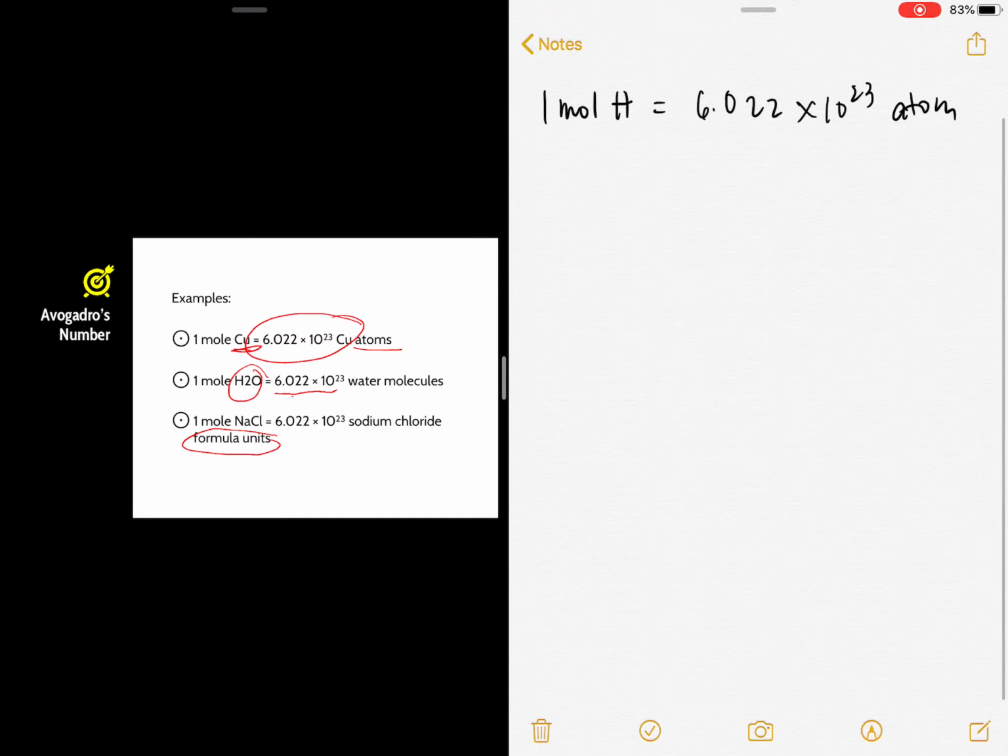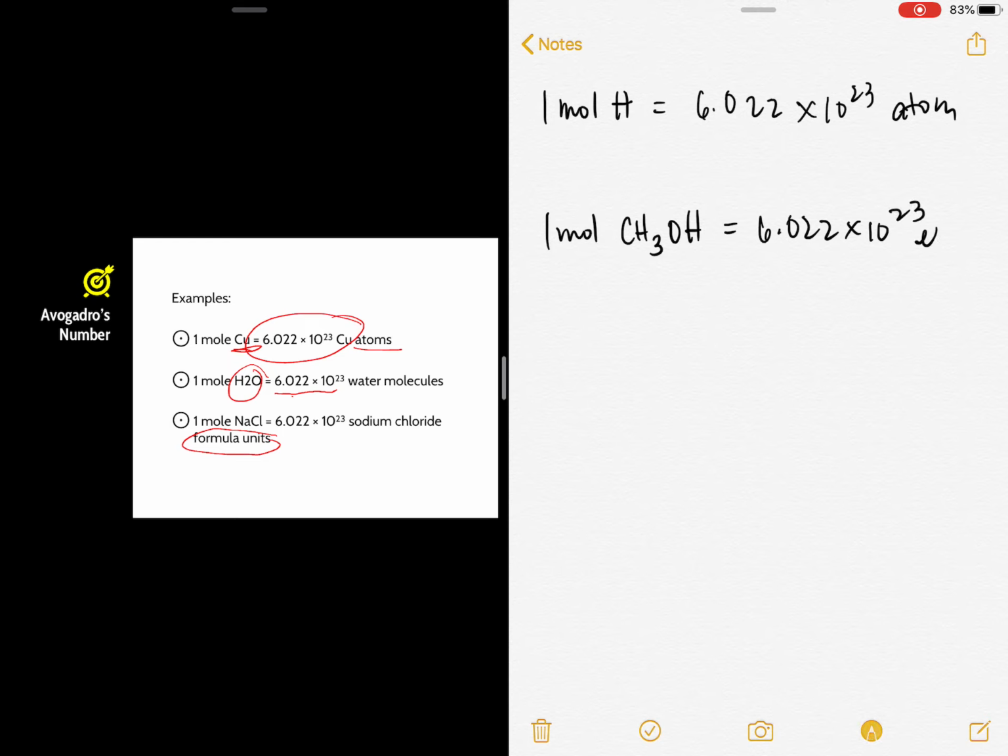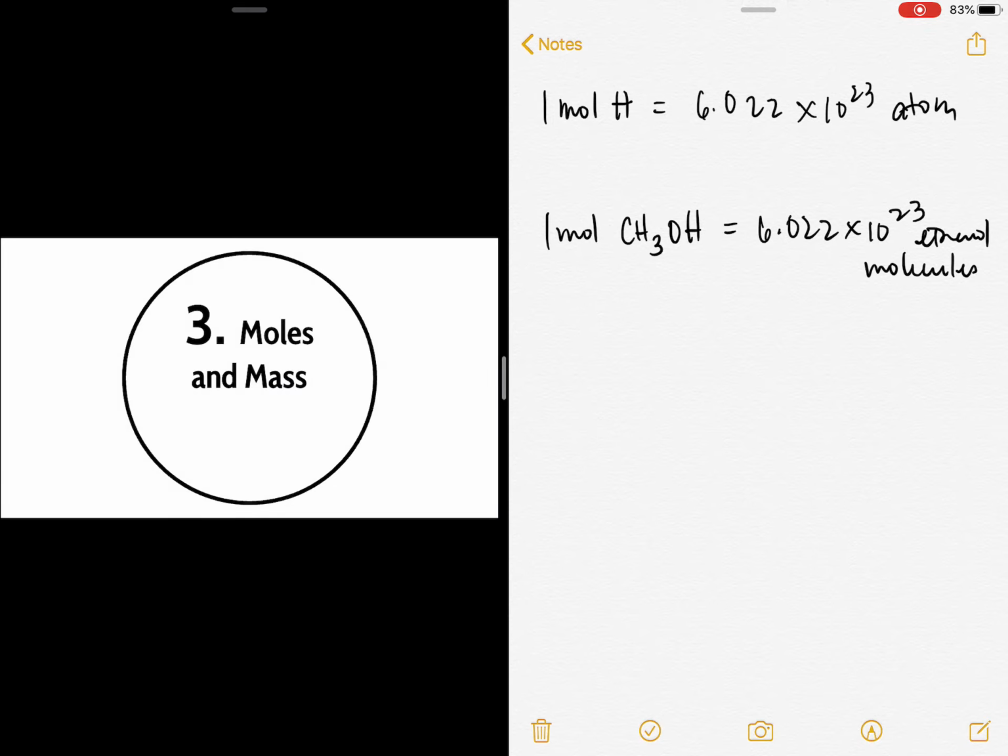Next, 1 mole of methanol is equal to 6.022 times 10 raised to 23 methanol molecules. Very easy. Basta equal siya lagi sa Avogadro's number.